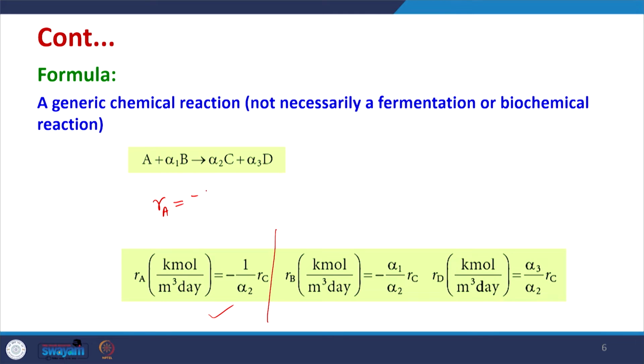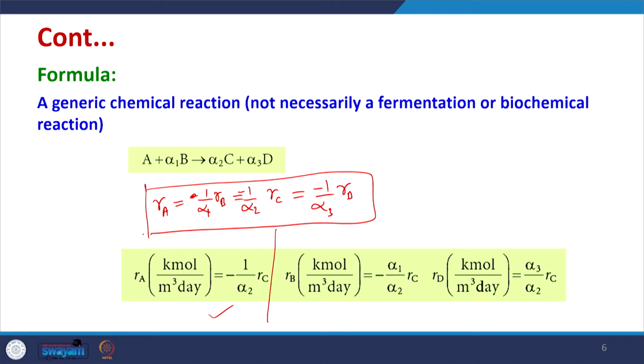So, this will be minus 1 upon alpha 1 with respect to R B, and this is same as R C, minus 1 upon alpha 2, is equal to minus alpha 3 R D. So, this will be known, both these are negative, whereas the first one is positive.